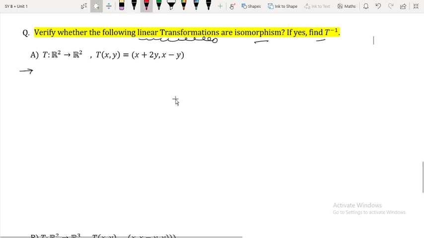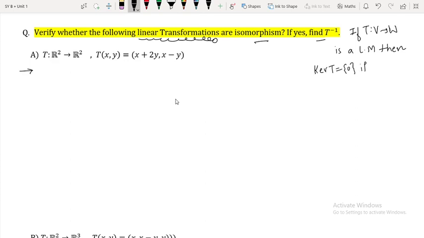So we know, I think in the last class we have already seen it, if T from V to W is a linear map, then kernel of T is equal to singleton 0 if and only if T is 1-1, isn't it? So this fact we can use in order to show the linear transformation is 1-1 or not. So let us start then.